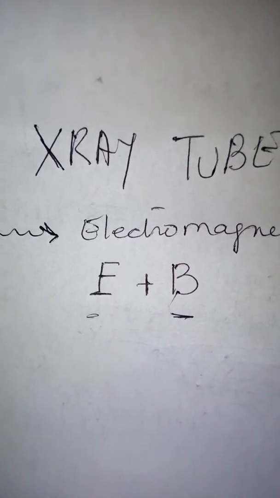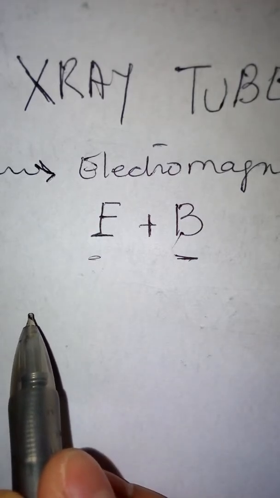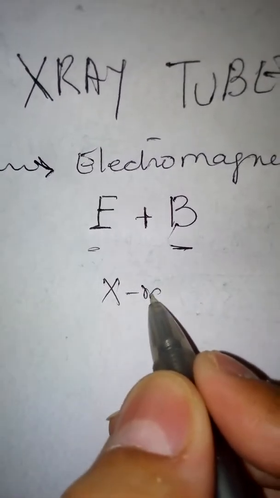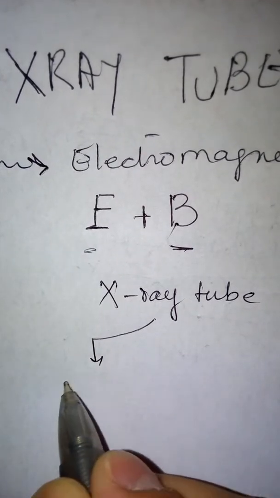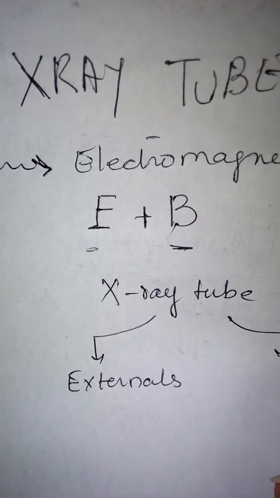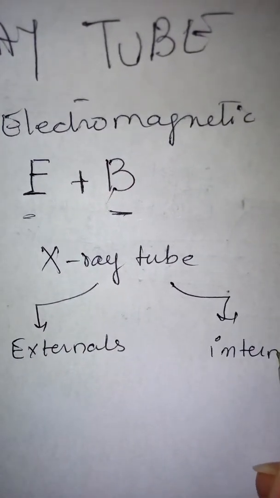So first of all, we need to know what the basic components of the X-ray tube are. The X-ray tube consists of external components and internal components.